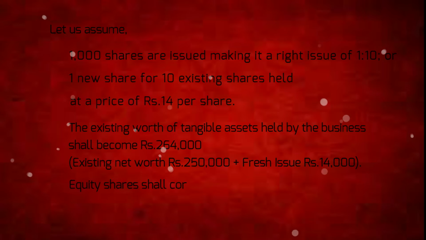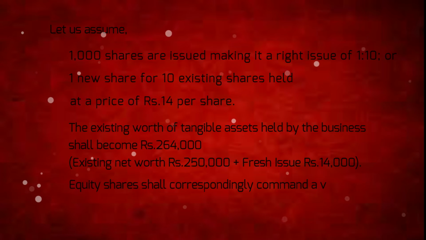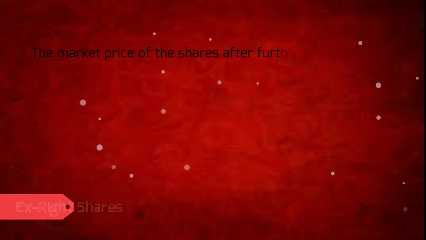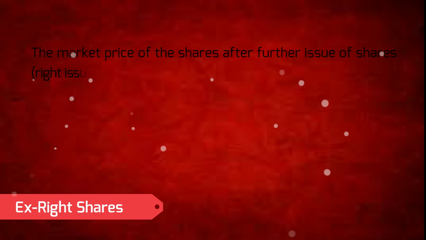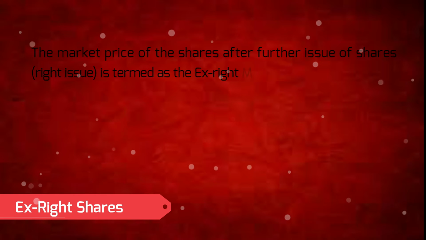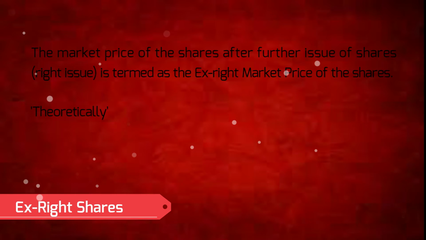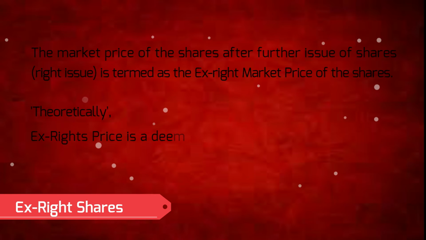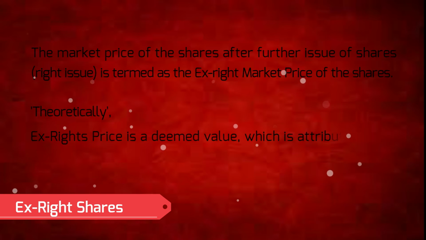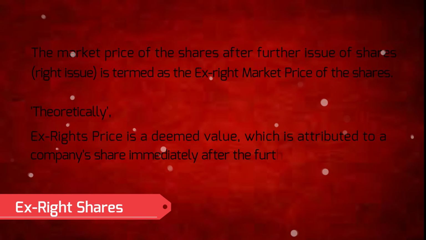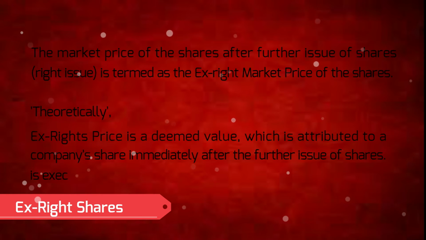Equity shares shall correspondingly command a valuation of Rs 2,64,000. The market price of the shares after the further issue of shares, the rights issue, is termed as the Ex-Right market price of the shares. Theoretically, the Ex-Right price is a deemed value, which is attributed to a company's shares immediately after the further issue of shares is executed.